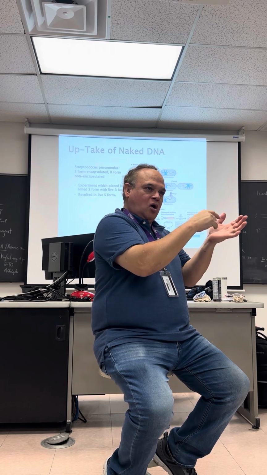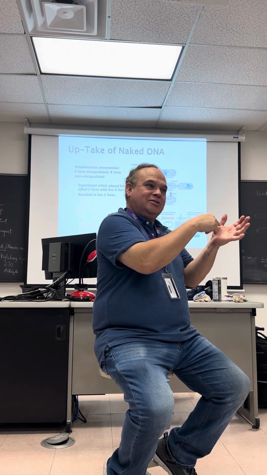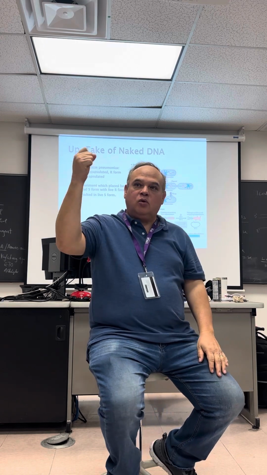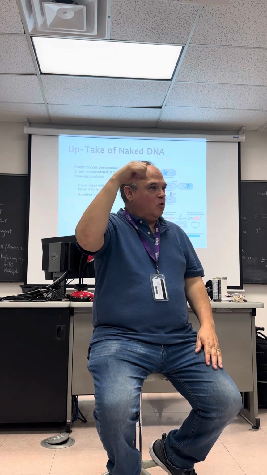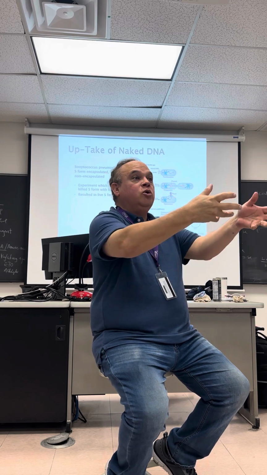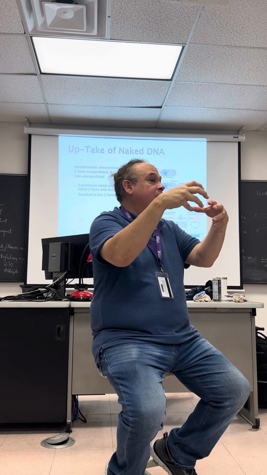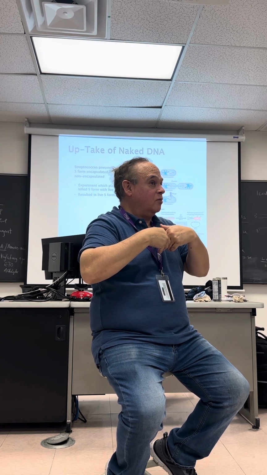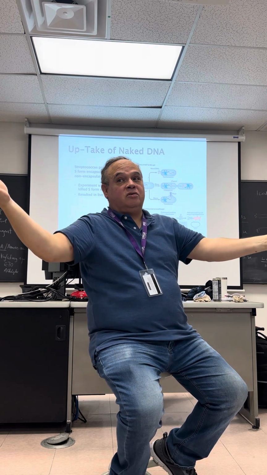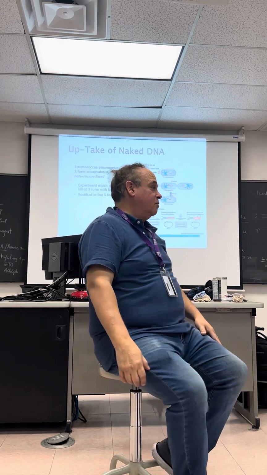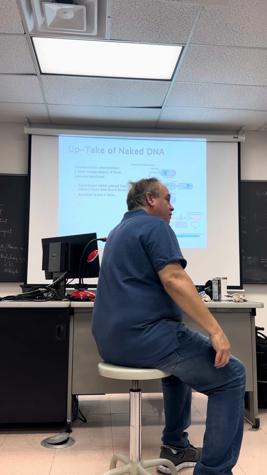He killed all the organisms that had the capsule, then took that substance and mixed it in with the ones that didn't have the capsule. The rough form took up the DNA from the environment, from the broth, incorporated it into their own DNA, and started to produce capsules, right? So this shows that bacteria can take up DNA from the environment.